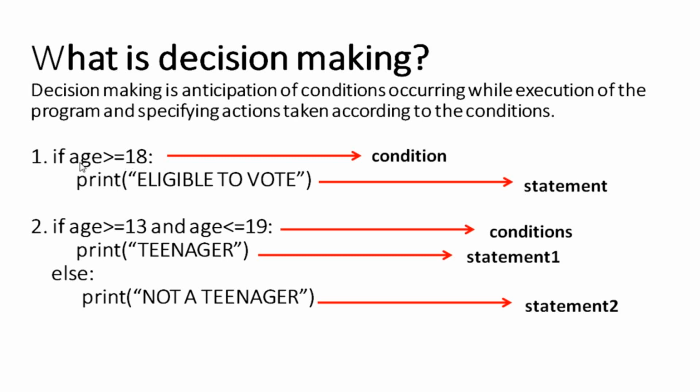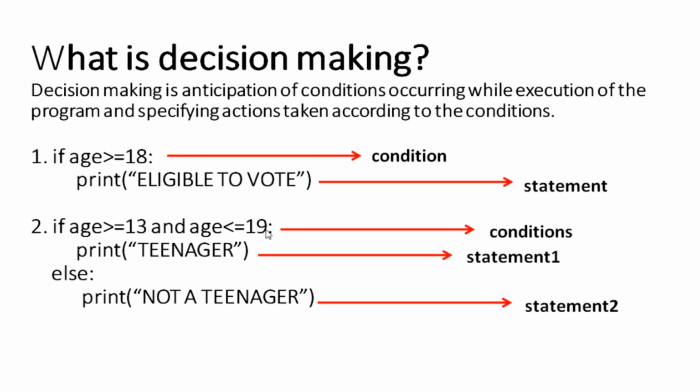Now you have another variety where you have if else. So multiple conditions can be given here. That is, I'm checking for teenager. Teenager means from 13 to 19. So you have to write if age is more than or equal to 13 and age is less than or equal to 19.